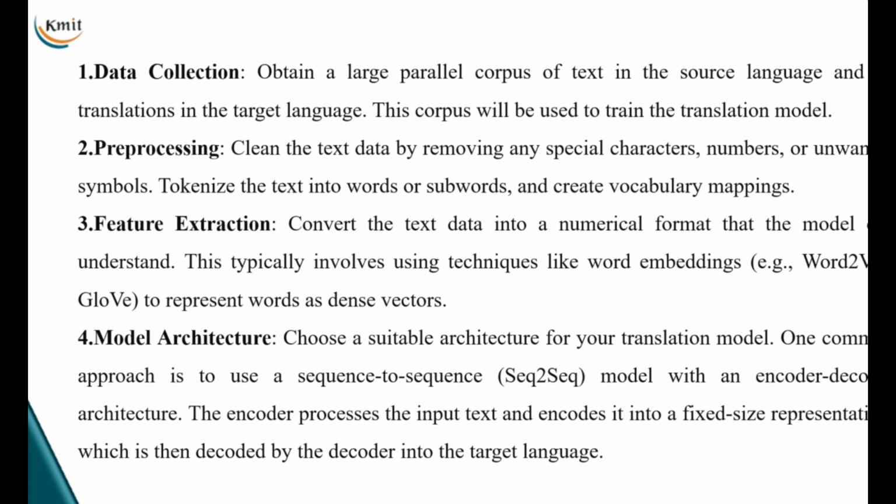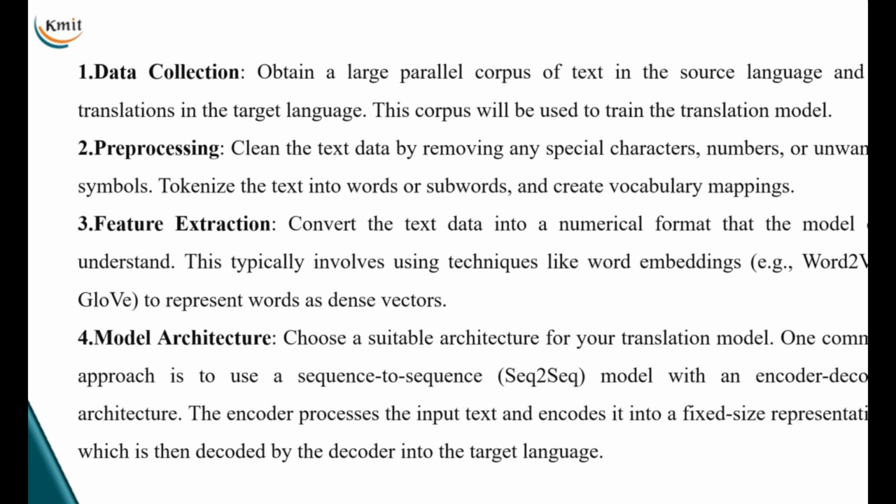The word to vectors. For vocabulary mappings we do that, and then after that we go for feature extraction, that is, convert the text data into some numerical format that the model can understand. This typically involves various techniques, like word embeddings; you can use word2vec or GloVe, etc. So after we do these three basic steps, we go for model architecture.